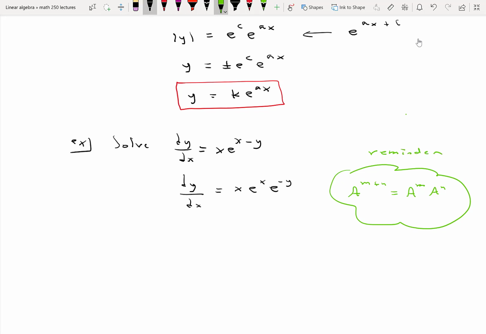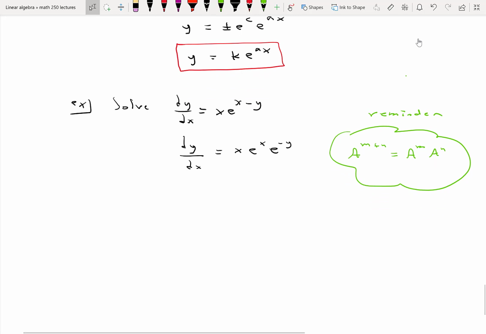Alrighty, so now we can separate the variables. If we multiply both sides by e to the positive y, or you could divide both sides by e to the negative y, you get e to the y dy equals x e to the x dx.